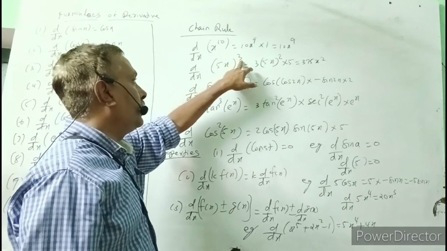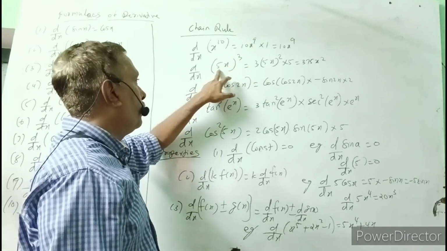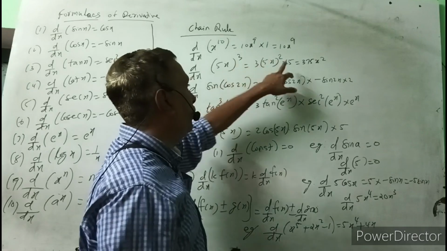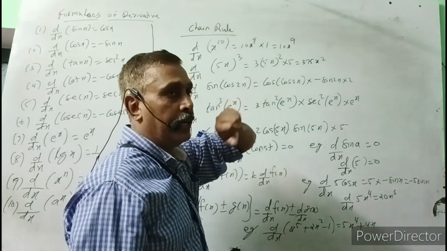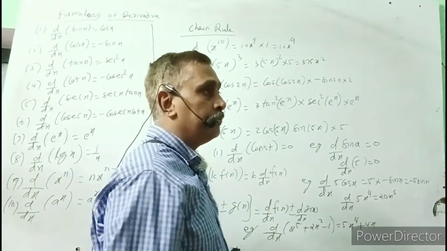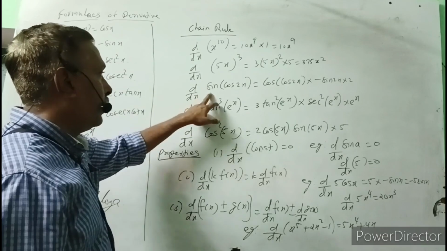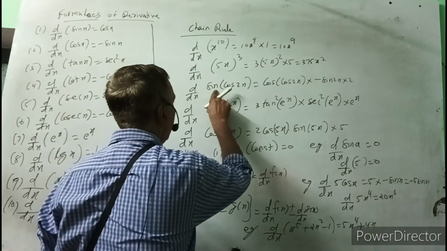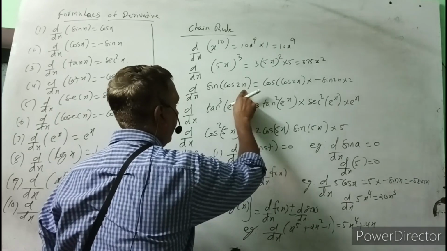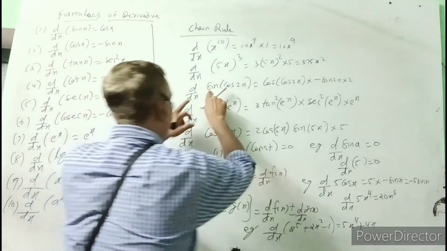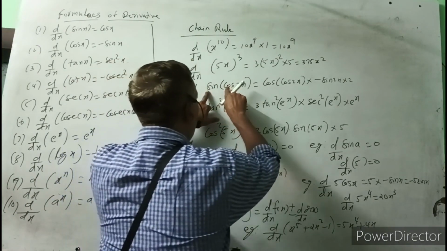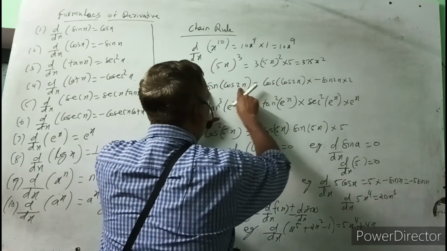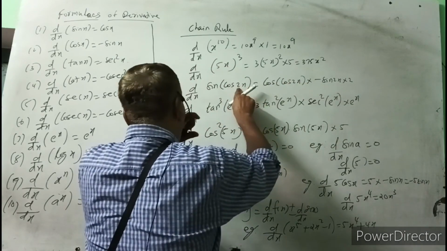So 5x raised to 3: 3 into 5x the whole square into the derivative of 5x, that is 5 into the derivative of x, 1. So into 5. Then sine of cos 2x. First we write the derivative of sine, that is cos, remaining things same. Then the derivative of cos is minus sine, 2x you write like that, then followed by the derivative of 2x.